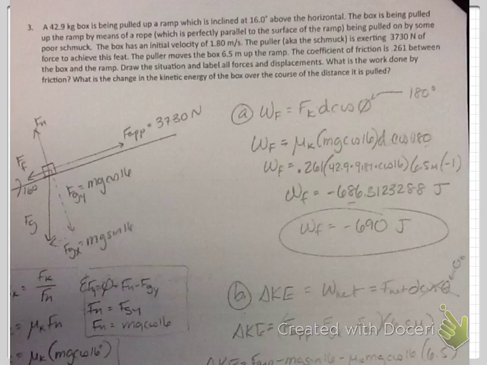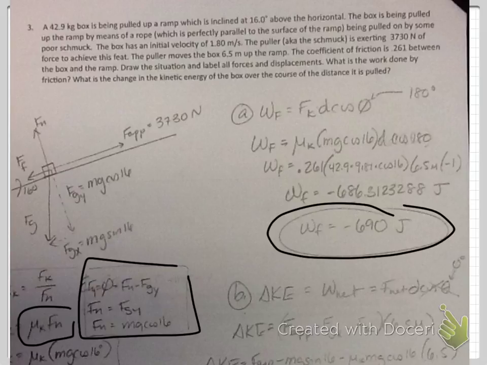And what you had to remember is that force of kinetic friction is going to be mu k Fn, and then if you did a quick little sum of forces on the y-axis, Fn is equal to mg cosine 16, mass times gravity times cosine 16. So a lot of people got this part right, that the work done by friction was negative 690 joules.